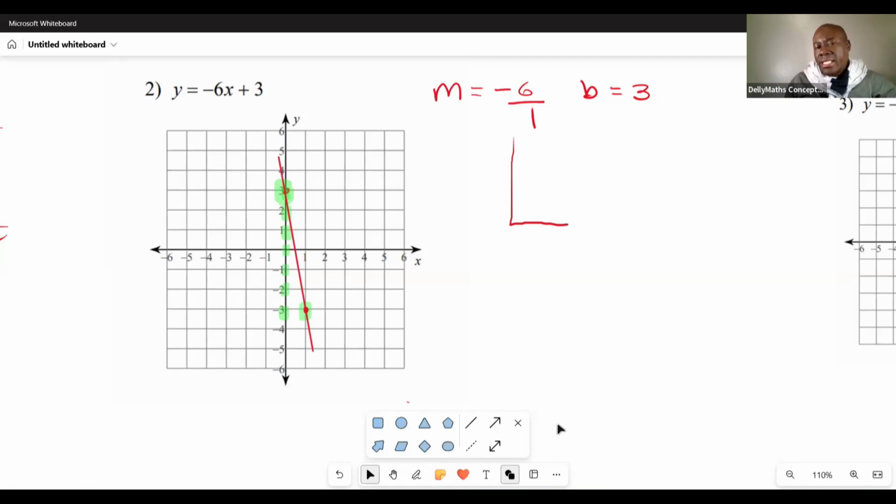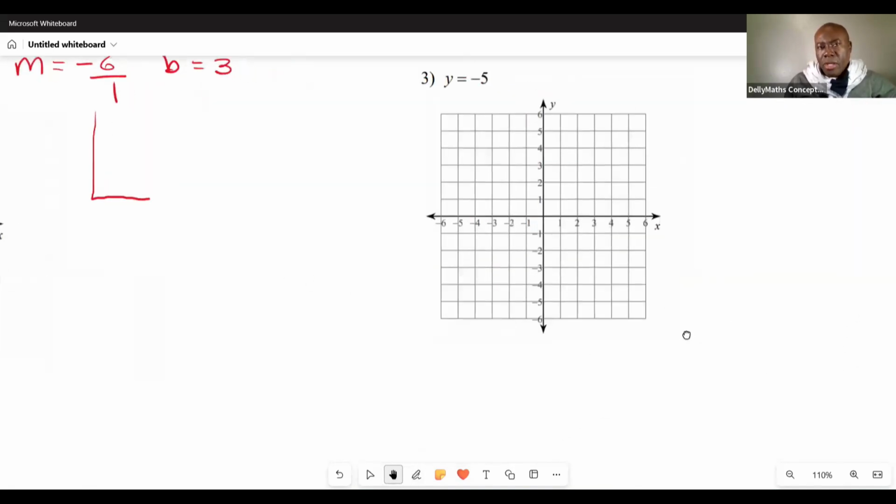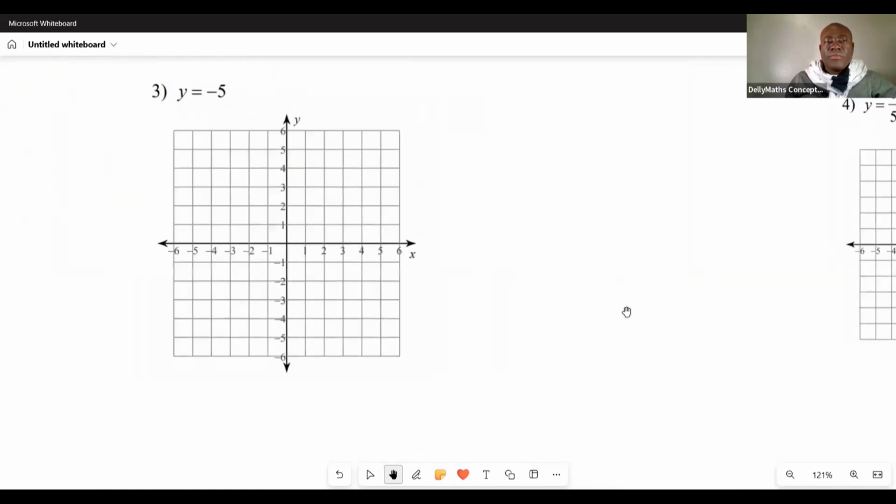Let's take a look at another question. Now for this one, we're actually graphing y is equal to -5. For this straight line, it is going to be one of those horizontal lines, which is parallel to the x-axis.